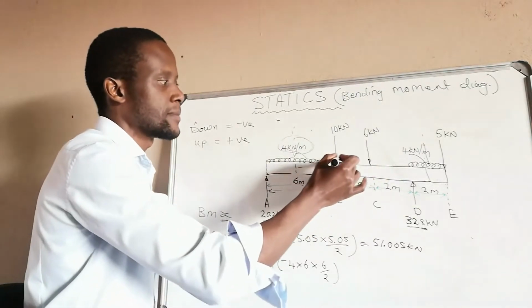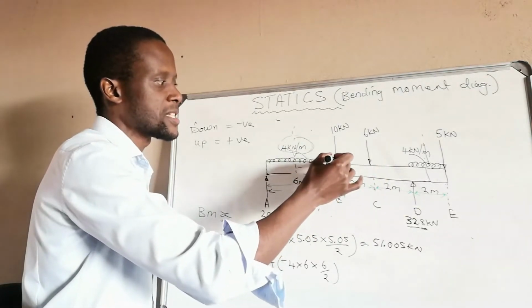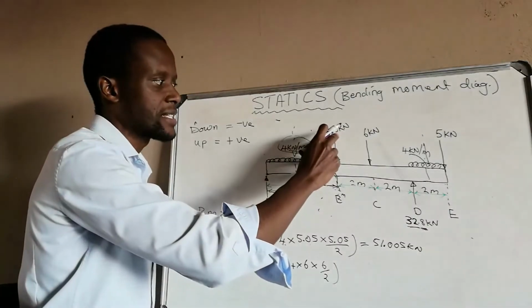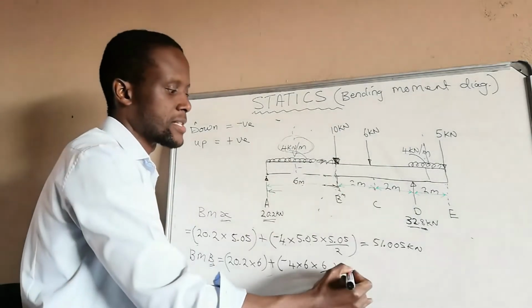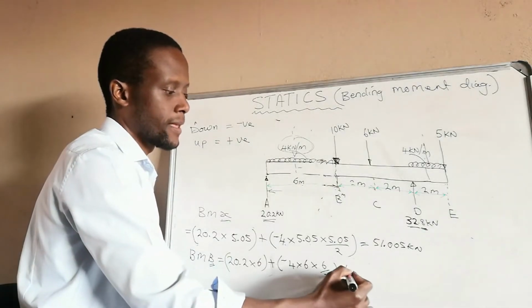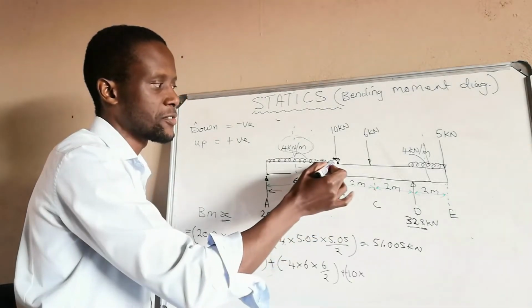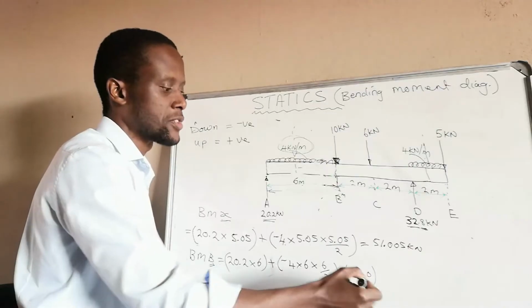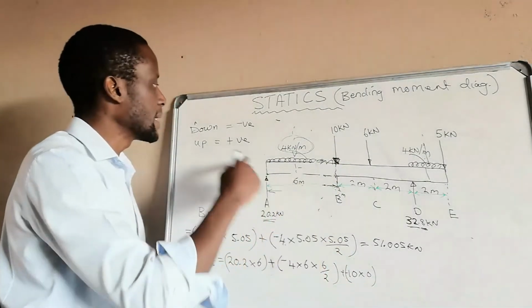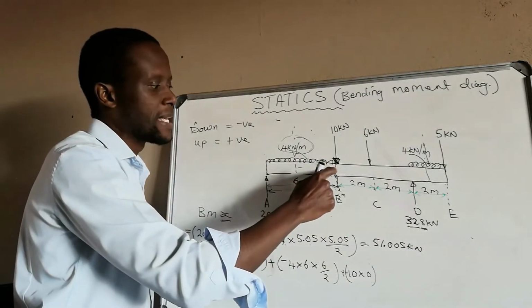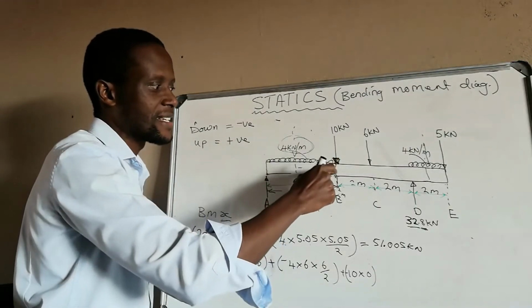But now someone might be asking, why are we not considering this 10? Because that 10 is also acting at B. If we consider the distance, negative 10 times the distance of this 10 to point B, it will be 0. So the 10 is not having any effect or any moment at point B, because it is acting exactly at B.